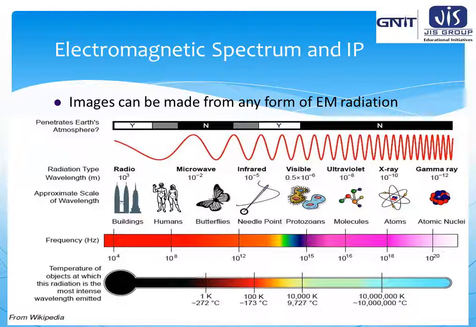Here we can see different radiation types, wavelength, approximate scale of wavelength, different frequencies, and the temperature of the object at which this radiation is the most intense wavelength emitted. So here we can see the radiation type, the temperature, the frequency and the approximate scale of wavelength.